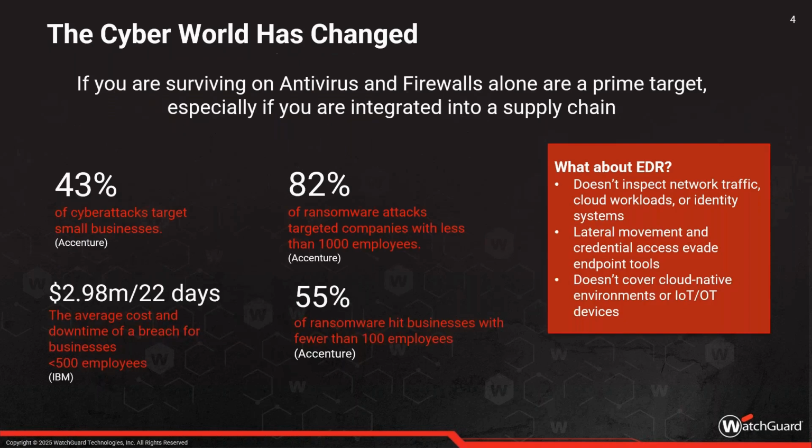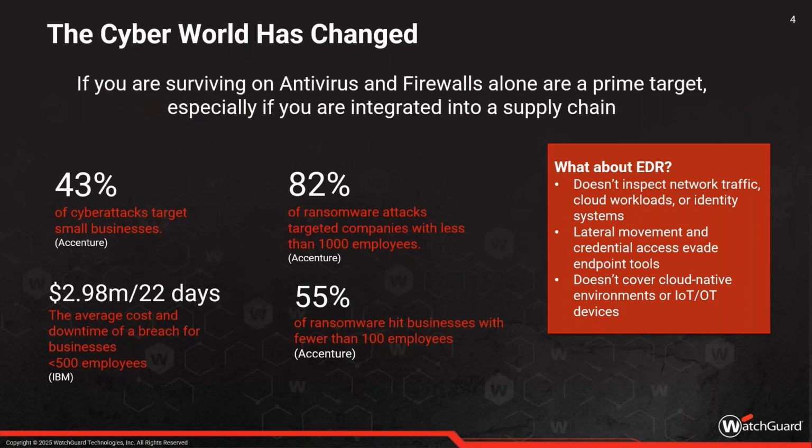An organization like K&P probably 10 years ago, even 5 years ago, really didn't have nearly as much concern about being in the crosshairs of cyber attackers. That's changed, right? We see that around 43% of cyber attacks target the smaller organizations out there. And when you look at ransomware specifically, 82% of attacks target organizations with less than 1,000 employees, right?